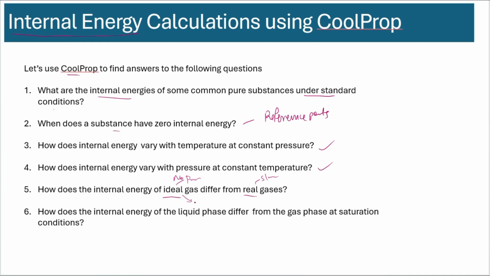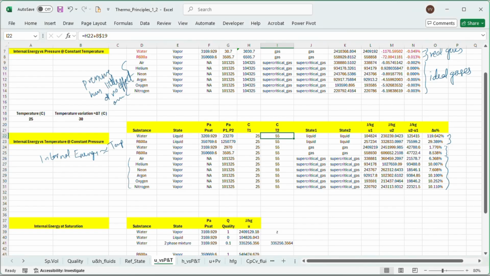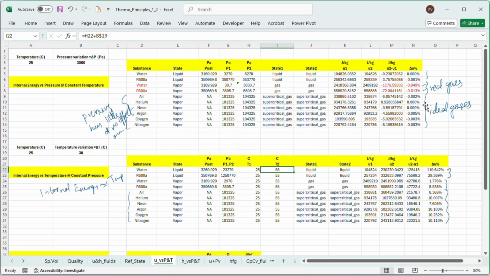And ideal gas internal energy increases slightly more with temperature than real gases. We also looked at the energy of the liquid phase compared to the gas phase in here. So we have answered those three questions.